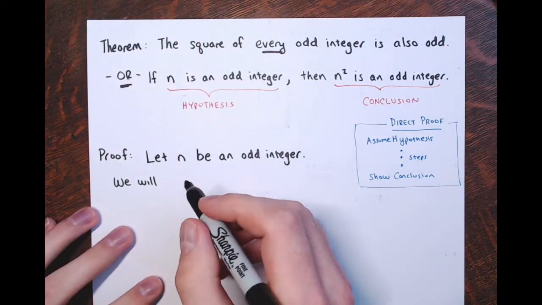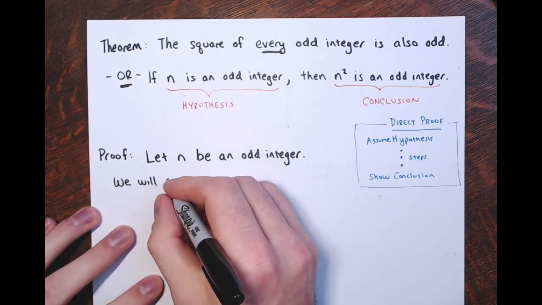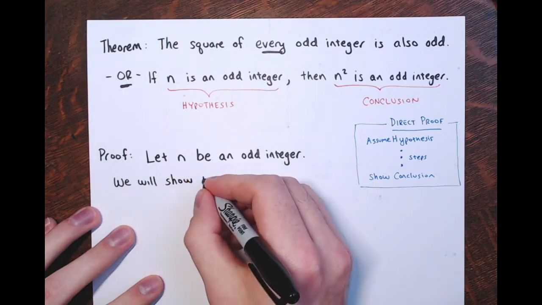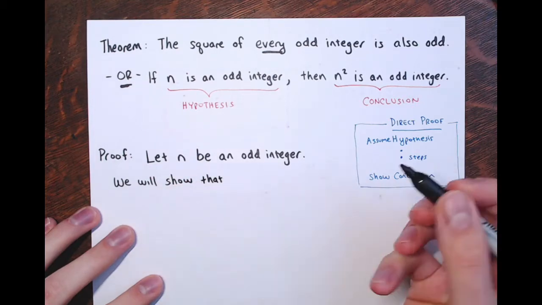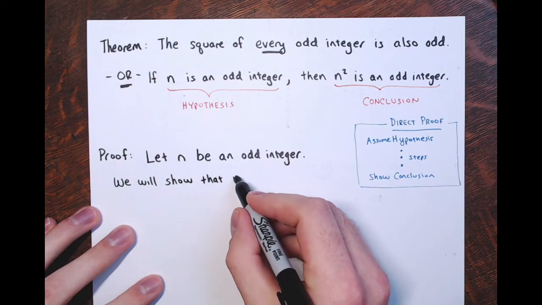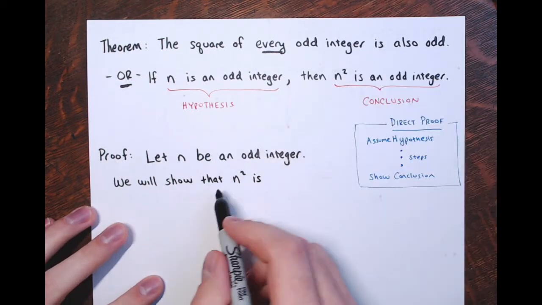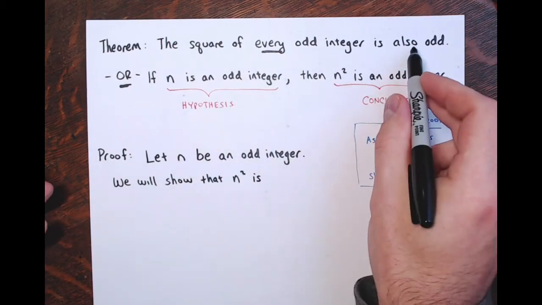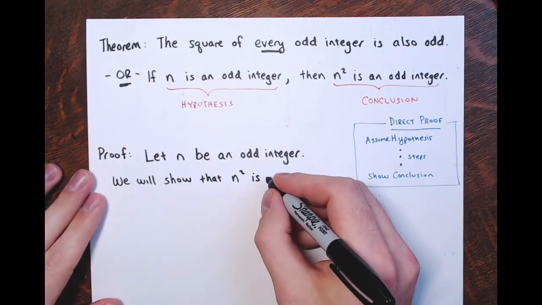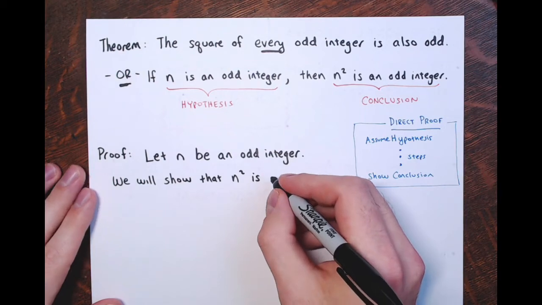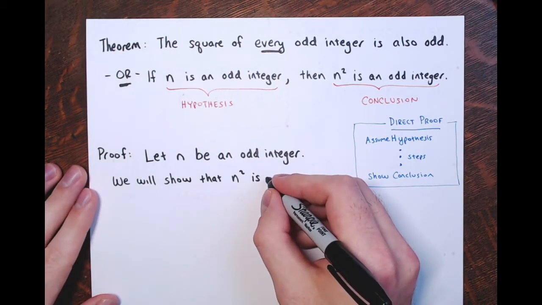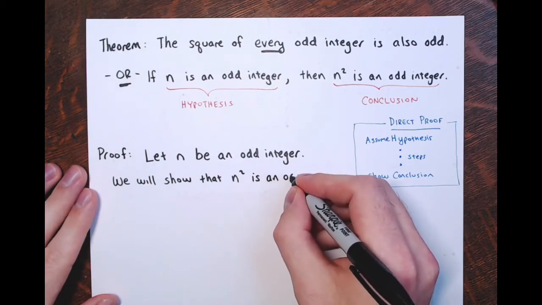So I'll say we will show the conclusion. We will show that n squared is an odd integer, or that its square is also odd. But I'm just going to write the conclusion. We will show that n squared is an odd integer.